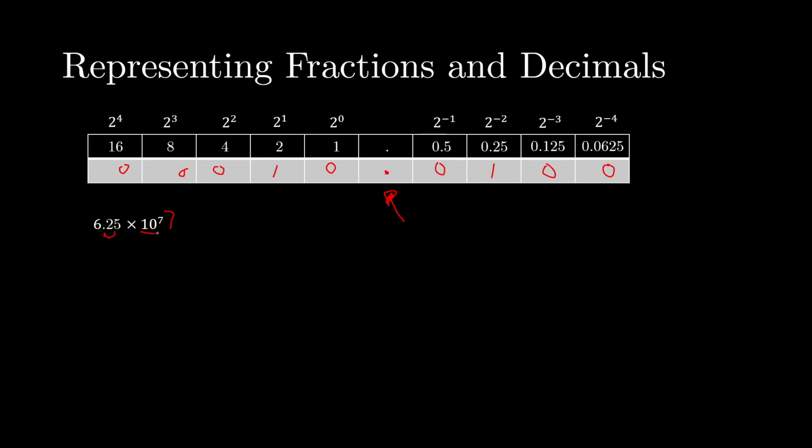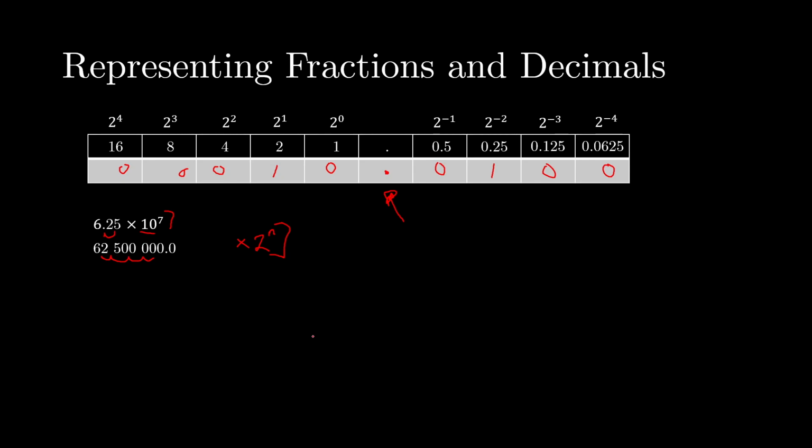So if we multiply by 10 to the power of 7, that's going to shift the decimal place 7 points to the right. And that's the same for binary, but in binary, we're multiplying by base 2, and then to the power of whatever exponent. And that's what's called floating point binary, where we multiply by an exponent, and that shifts the decimal point, like to whatever place you want.